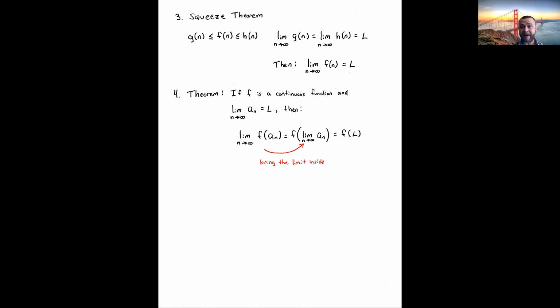If that function f that the simple sequence is inside is continuous, and most basic functions that we'll encounter will be continuous, what this says is that we're allowed to bring the limit inside the function and look at first the limit of the sequence, which we stated was L in this theorem. And then we just plug the limit value inside that function, and we get that the limit for the sequence f of a sub n approaches f of L.